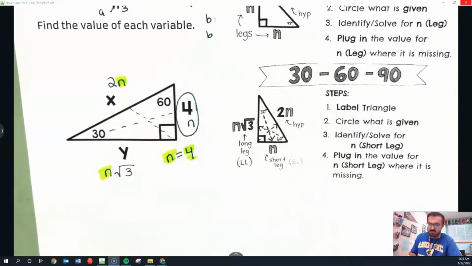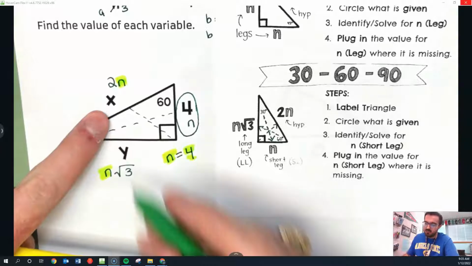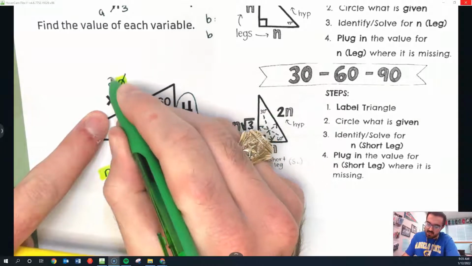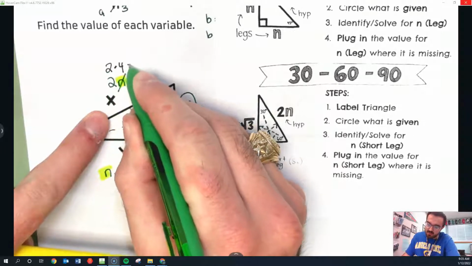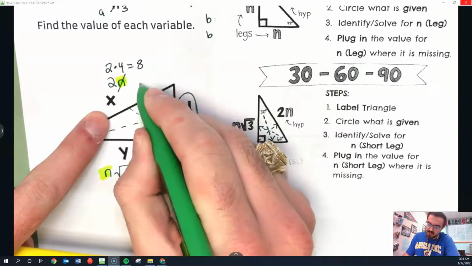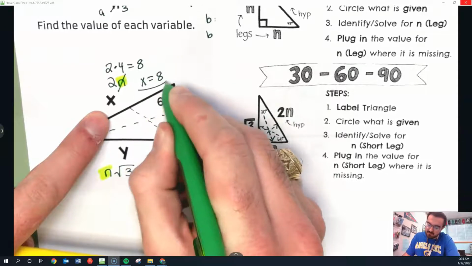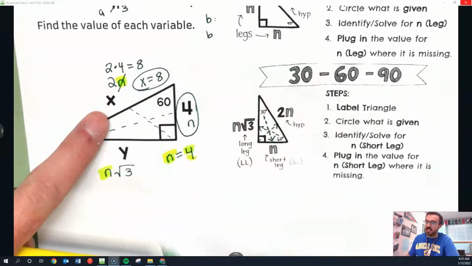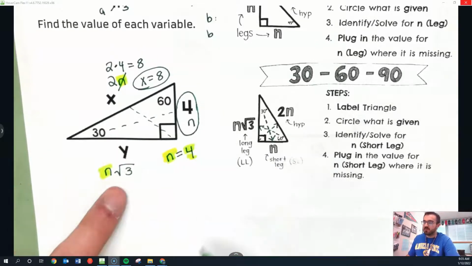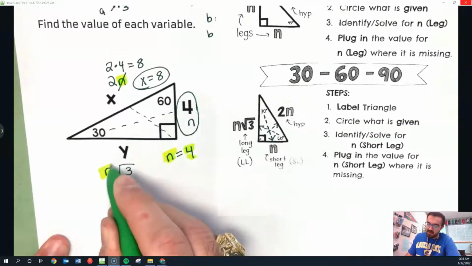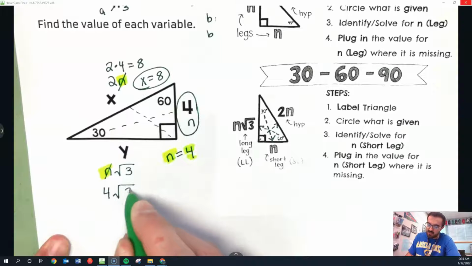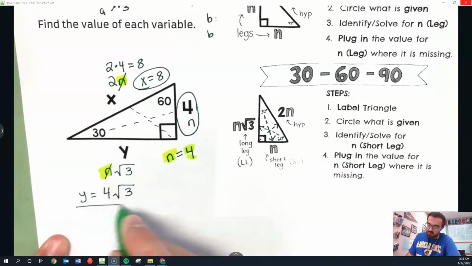This one's pretty simple. So x would now be, instead of 2n, 2 times 4, which would be 8. So x would equal 8. All I did was double the value of n. What about this one? Instead of n root 3, I'm going to have 4 root 3. So y would equal 4 root 3.